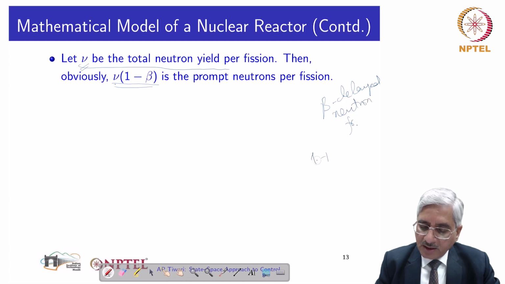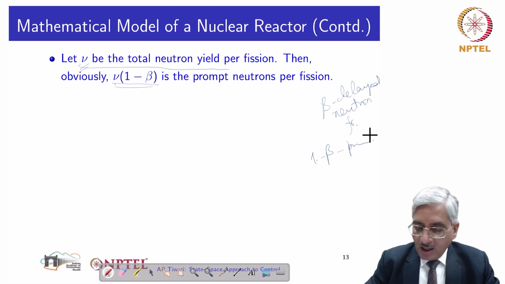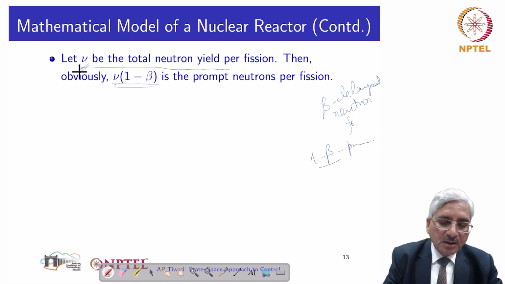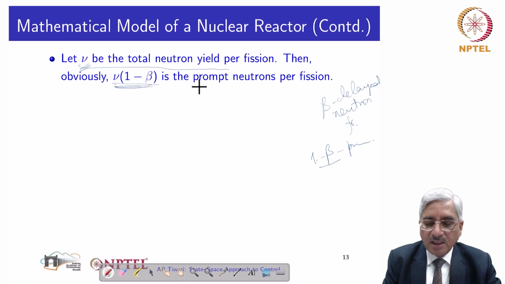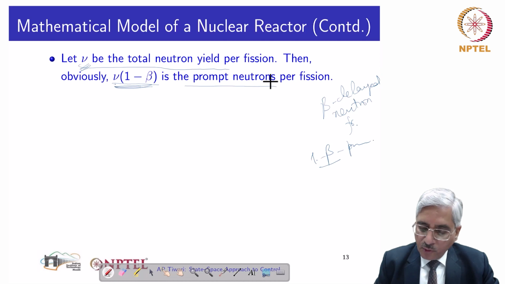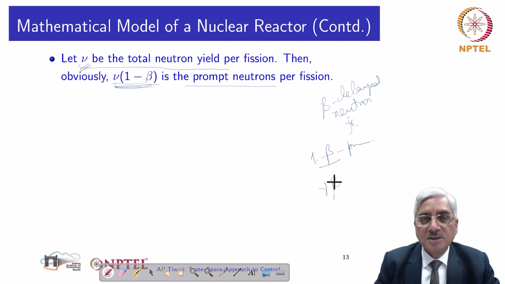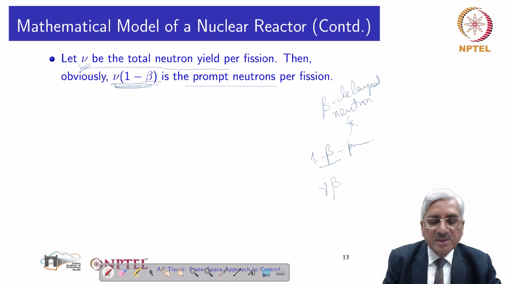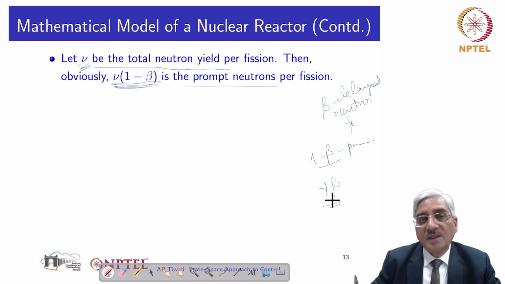So 1 minus beta is the prompt neutron fraction, and multiplying the total number gives nu (1 minus beta), the prompt neutrons released per fission. And nu beta will be the delayed neutrons released per fission. But these do not come immediately; they will come later depending upon that half-life or the decay constant.